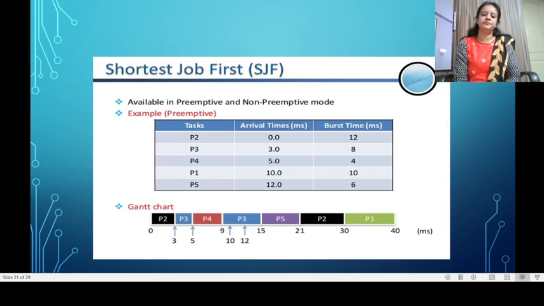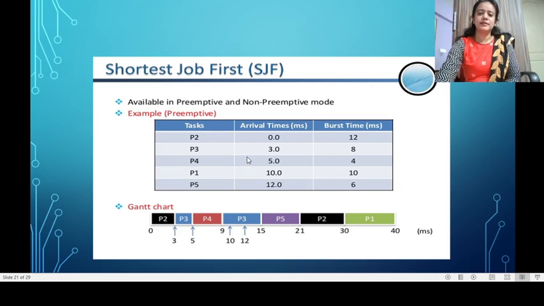Shortest job first is available in preemptive and non-preemptive mode. Here also, whichever process has very little CPU time will be given a chance to execute.